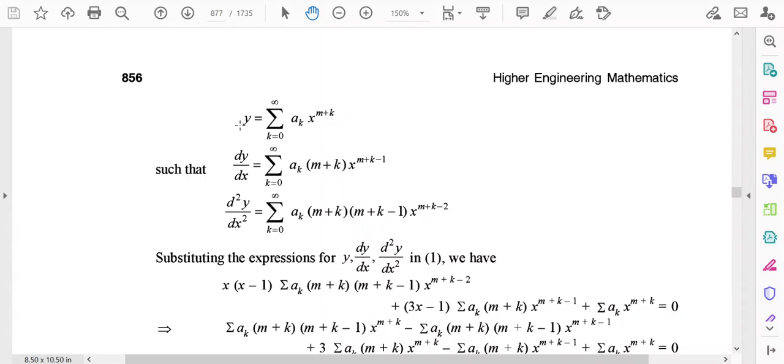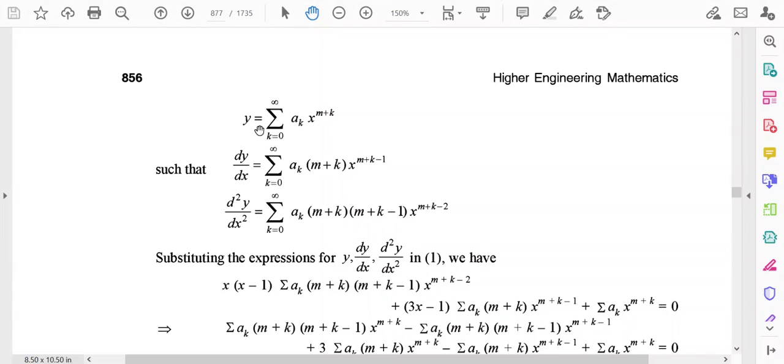We are assuming this is the solution of that particular equation, and then we will determine dy/dx and d squared y/dx squared from the value of y. So these are the values of dy/dx and d squared y/dx squared.